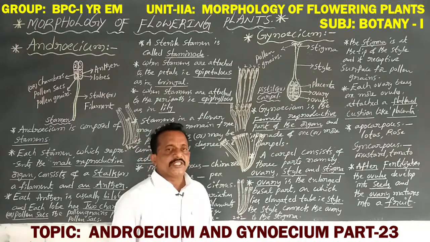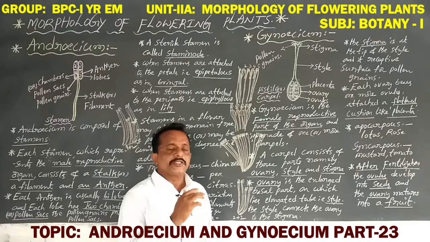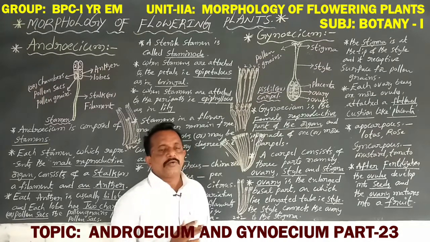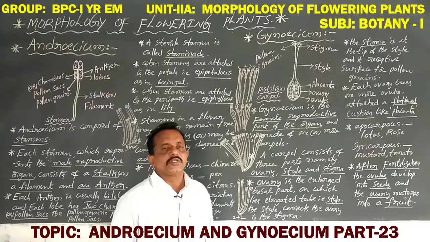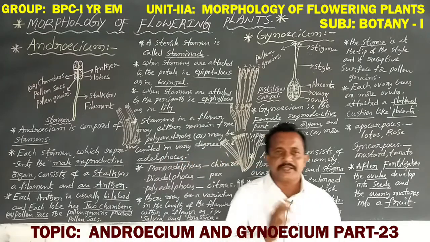So after fertilization, the calyx, the corolla, the stamens and the style and stigma of the gynoecium totally degenerate or fall off. Only the ovary is modified into seeds and fruits.